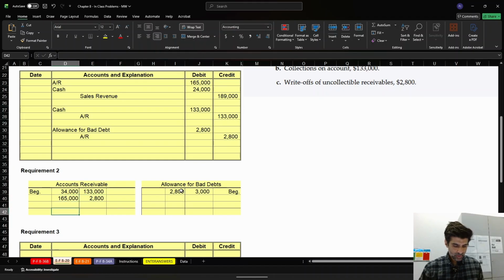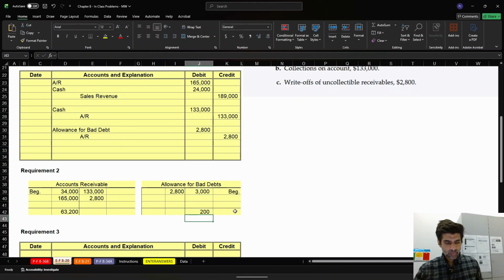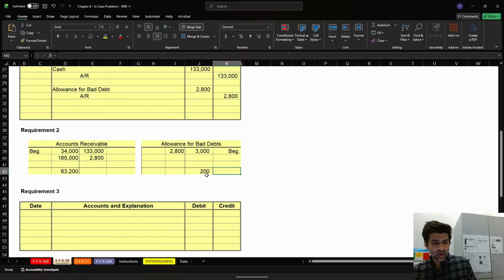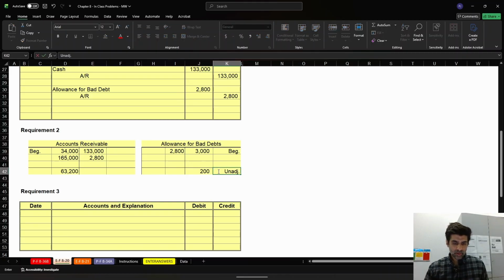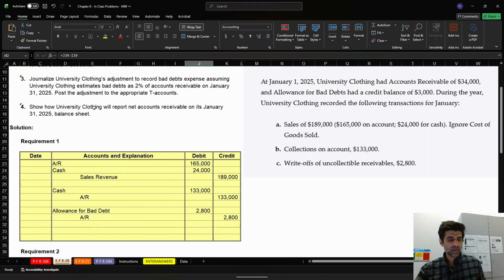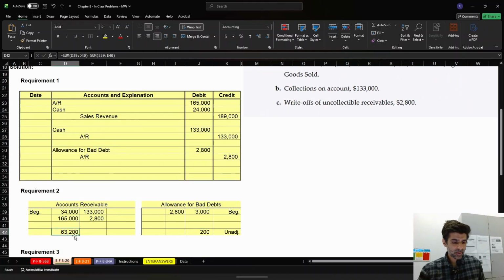Okay, so now we'll have our unadjusted balances, and this is going to be a credit balance, 200. Okay, so I will pause it here. Now, what we are saying is that this allowance for bad debt, the unadjusted, we need to change this because in number 3 we want this allowance for bad debt to be a new balance based on our ending balance of accounts receivable, which we also have here.